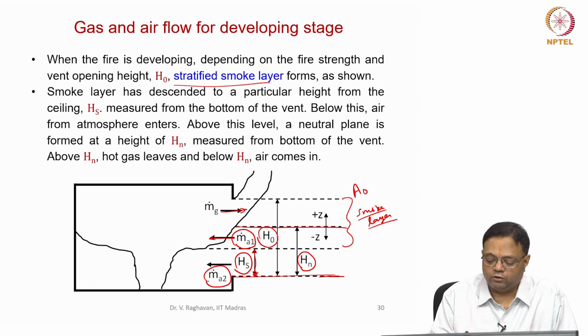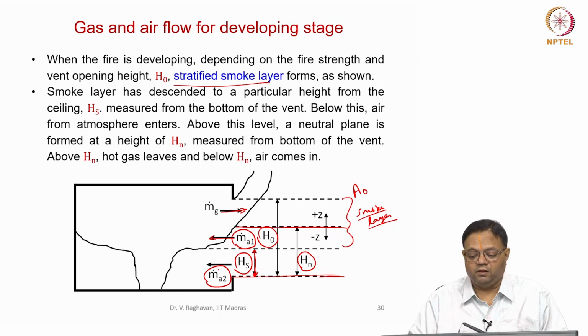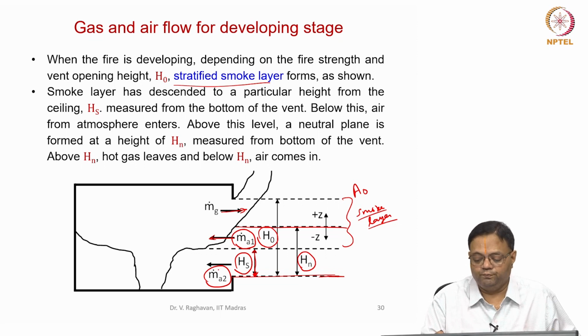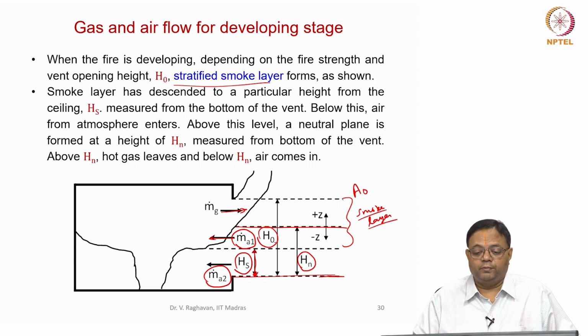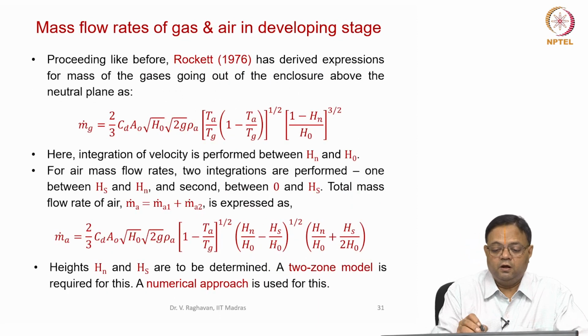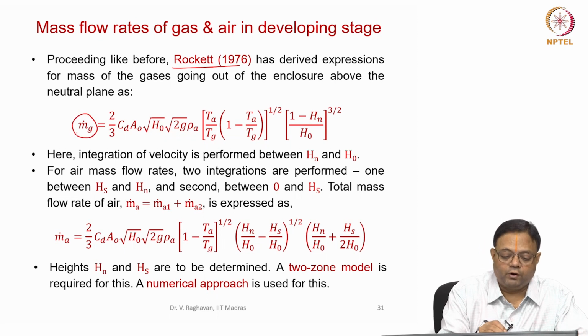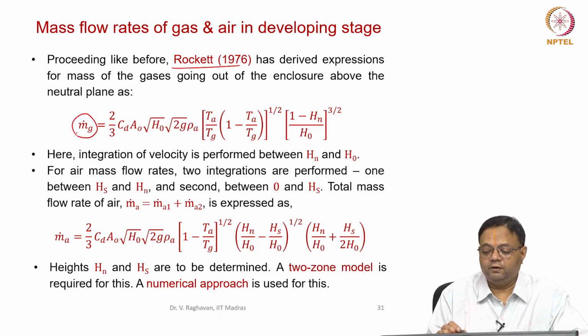Similarly, I can also determine the amount of air coming in below the smoke layer. But the correlations are not very easy because of the fact that there are variables involved like Hn, Hs, etc., which are going to vary as a function of time for the growing developing fire. So some analyses are there, with the factors which are going to affect, which we can determine, like Rockett's expressions for the mass flow rate going out, which can be given like this.